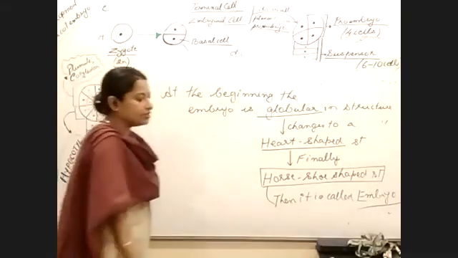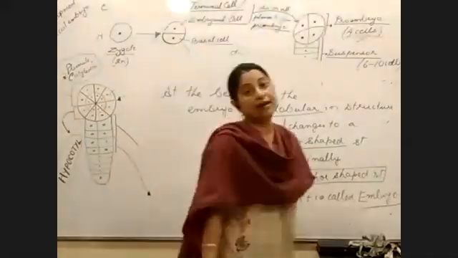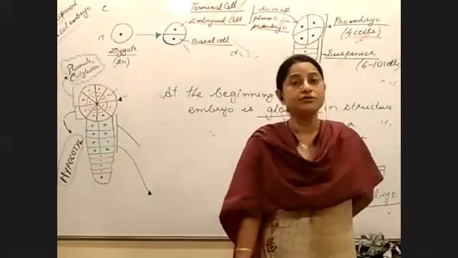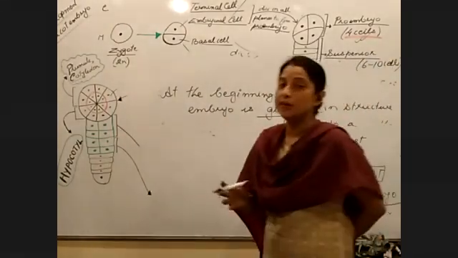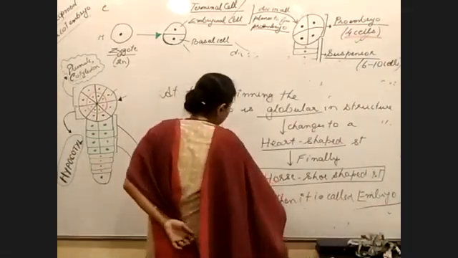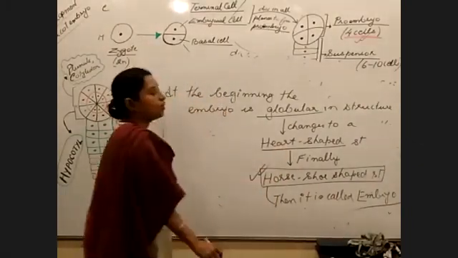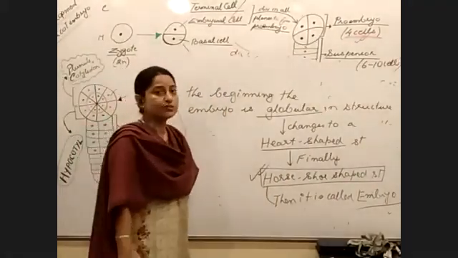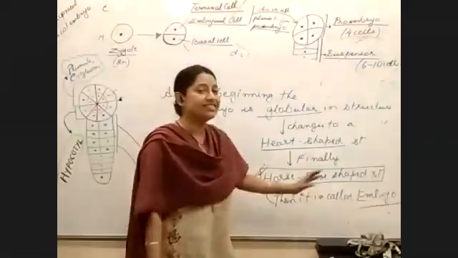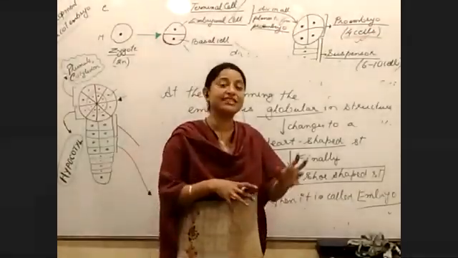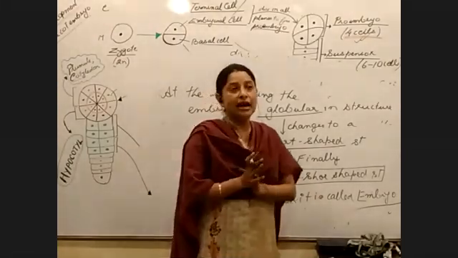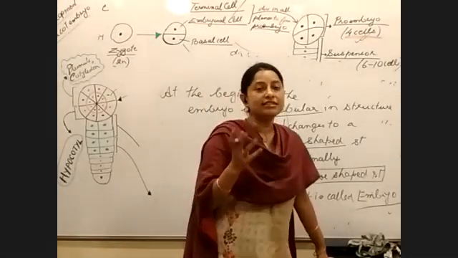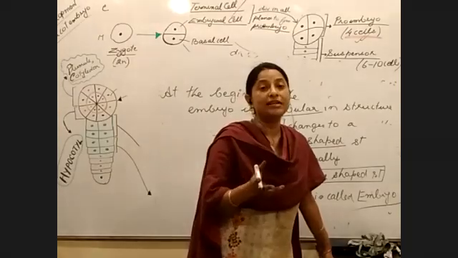So we are using two words, one is pro-embryo and embryo. If you have to use the word embryo, then obviously it should have a specific shape. And what is the shape that we are talking about? Horseshoe. So in case of angiosperms, in embryo development we see certain changes in the formation of the embryo. Question: what are the steps of transition in forming the dicot embryo?